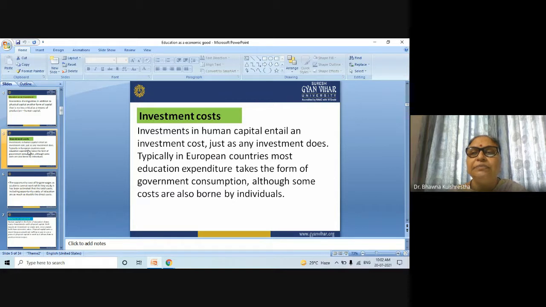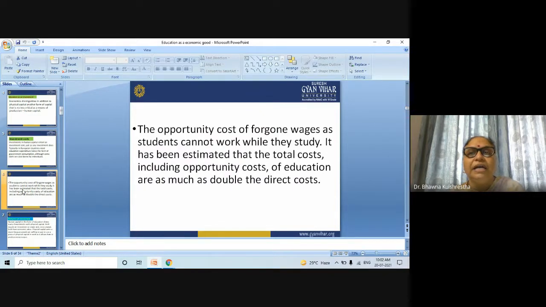It has been estimated that the total costs, including opportunity costs of education, are as much as double the direct costs.